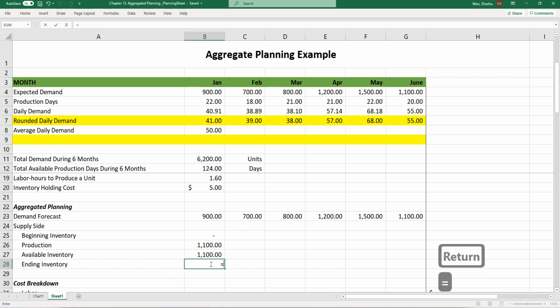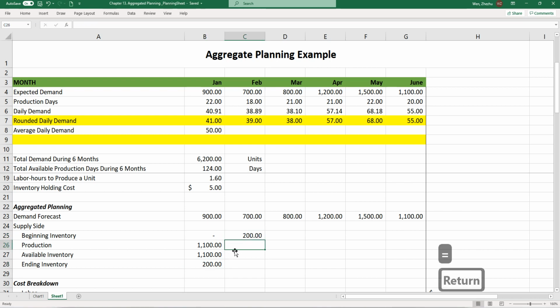The ending is going to be the difference between available inventory and the demand forecast. So we have an ending inventory of 200 that we need to carry over to the next period. And then this ending inventory will become the beginning inventory of the next month.